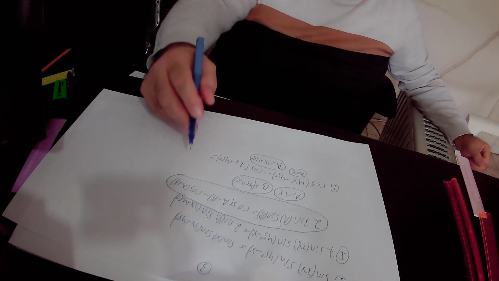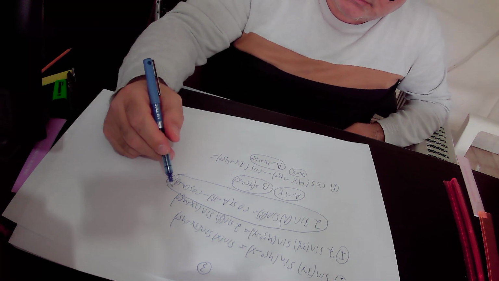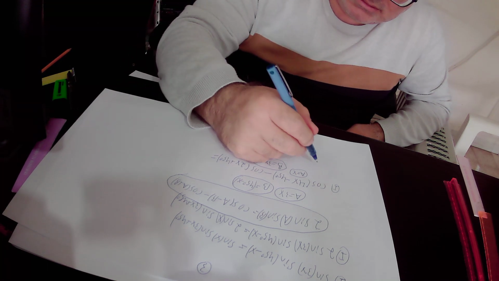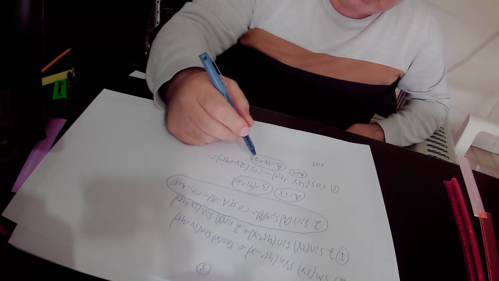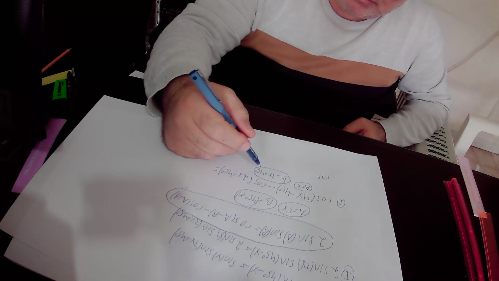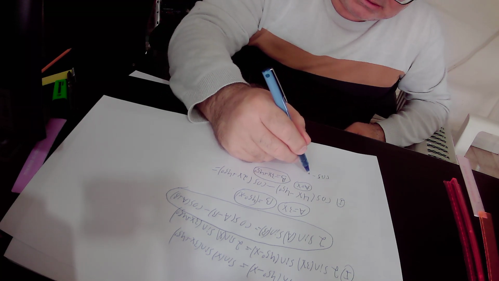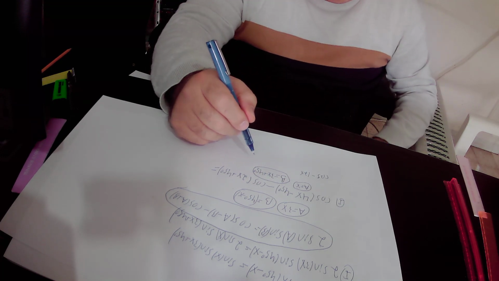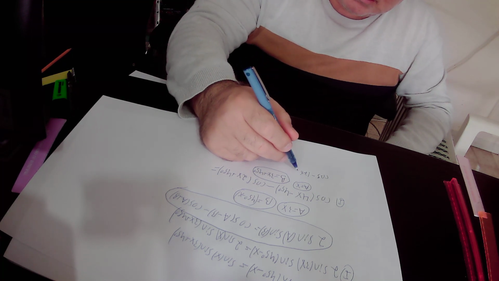So according to this trigonometric identity, 2 sine x sine 3x plus 45 degrees is equal to cosine A minus B. A is x, B is 3x plus 45 degrees, so A minus B is x minus 3x, which is minus 2x, and 0 minus 45 degrees is minus 45 degrees.